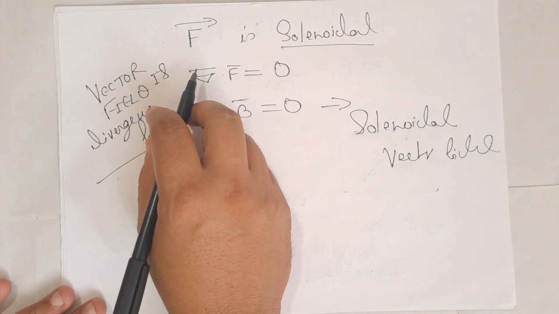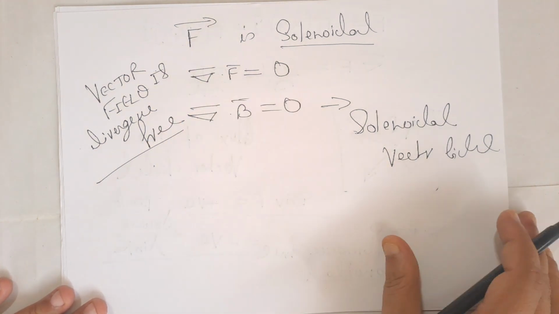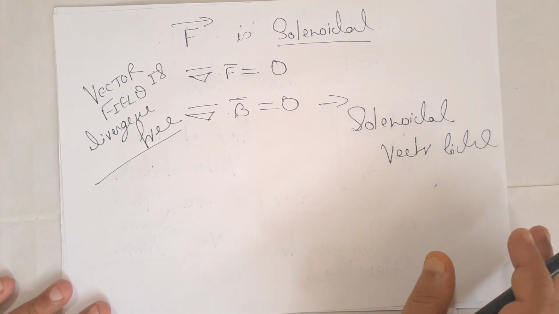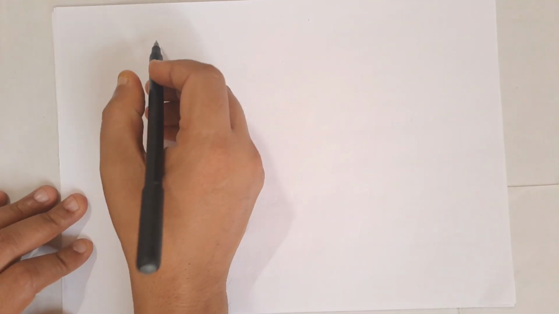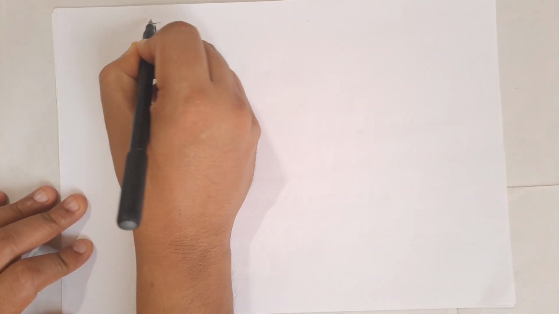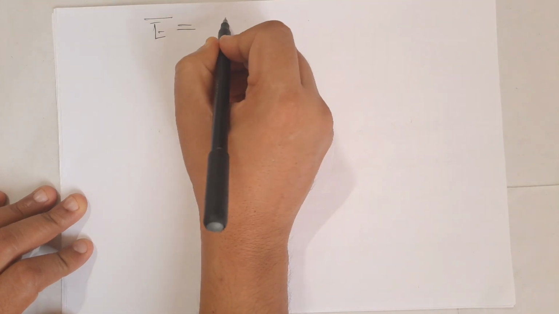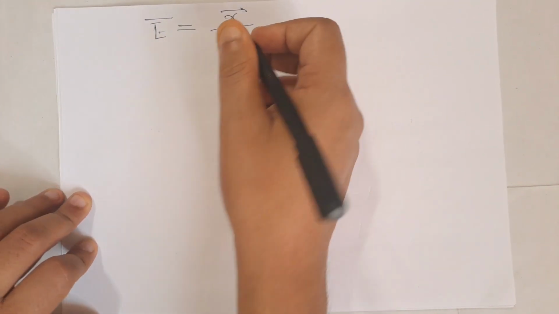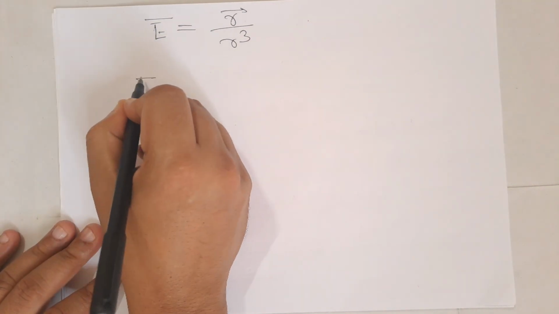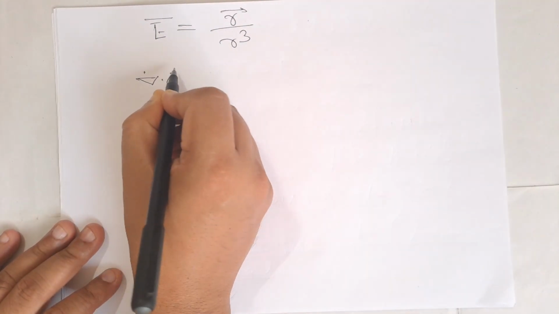We can calculate the divergence of any vector field. Example: calculate the divergence of this electric field, E equal to r divided by r cube. We have to find the divergence of this electric field.